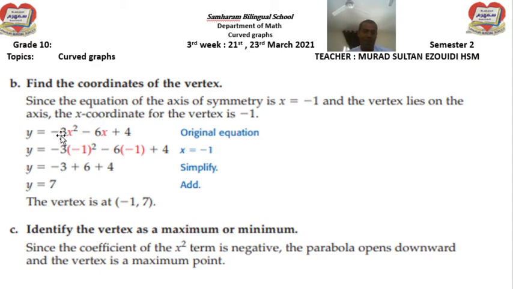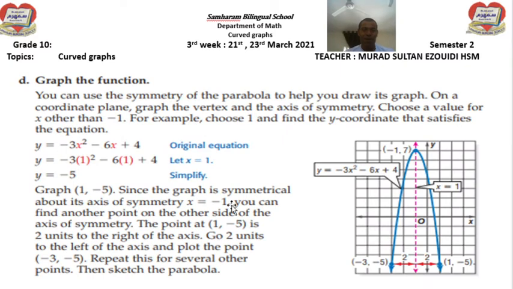You will just say this one, minus 3 is negative, so your vertex should be maximum. Since the coefficient of x squared term is negative, the parabola opens downwards, and the vertex is a maximum point. Clear?